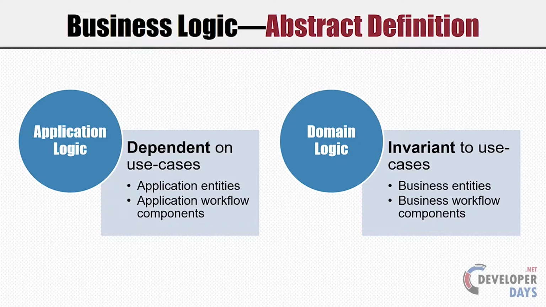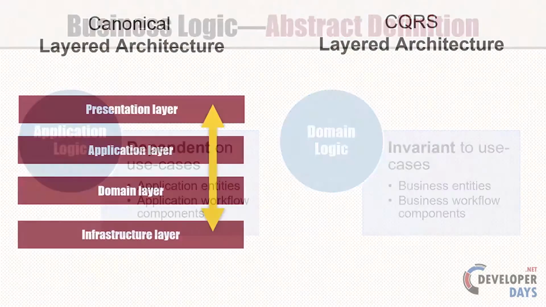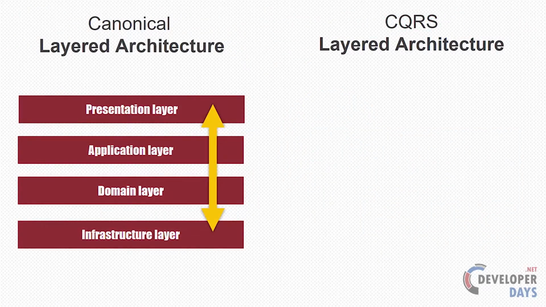The domain logic is instead unique and shared by any application and presentation layer you may have. This is the classic canonical layered architecture we inherited from domain-driven design, presentation, application layer and domain layer, and then infrastructure with persistence.